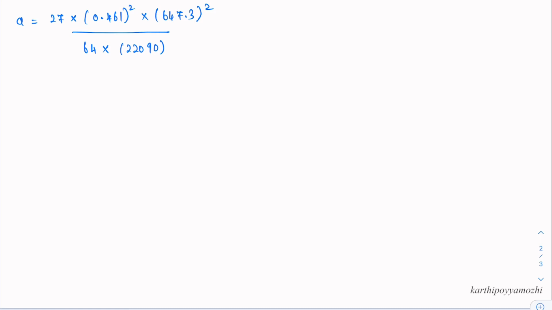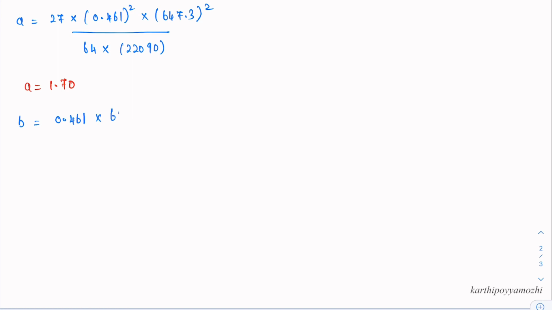On calculation, the value of A is equal to 1.70.